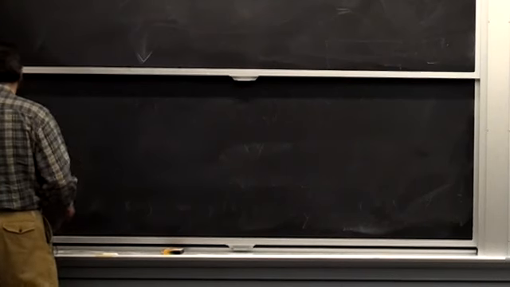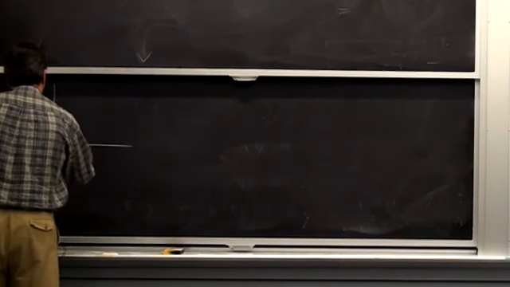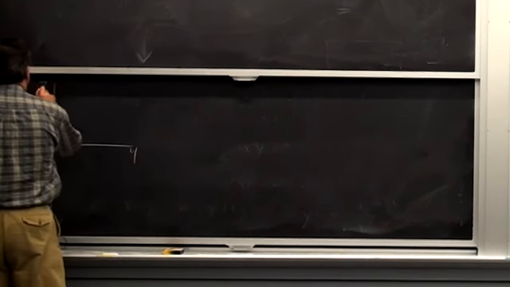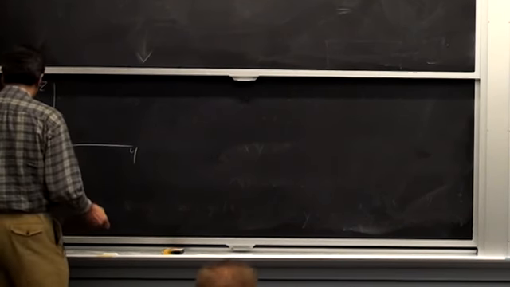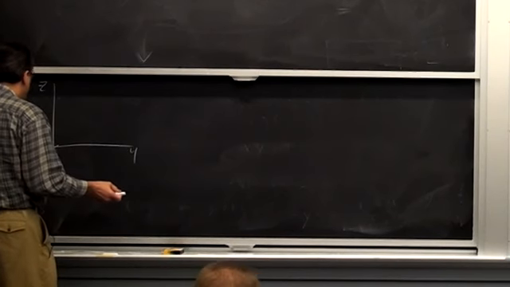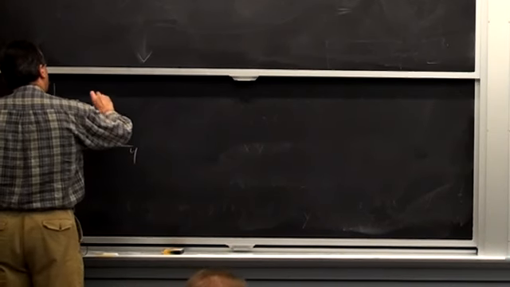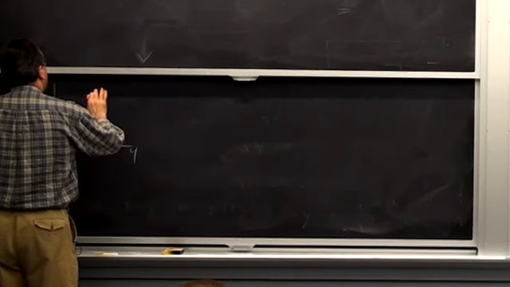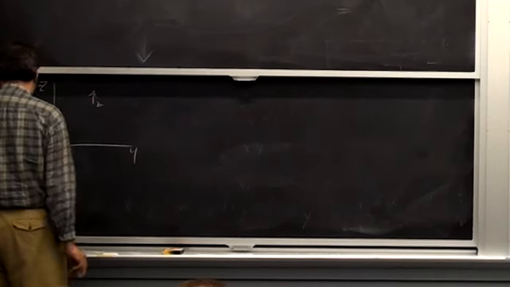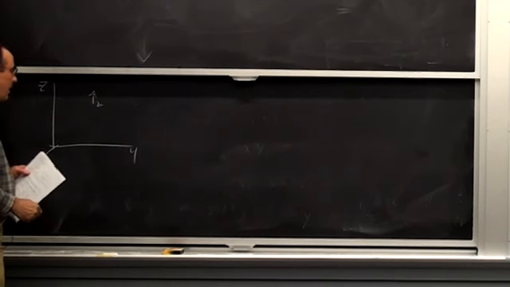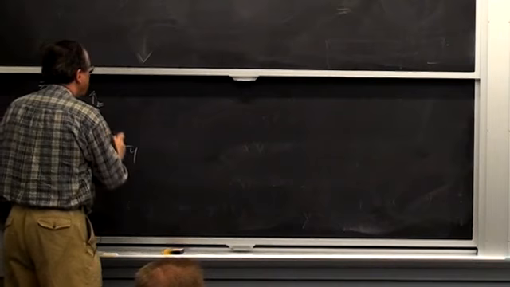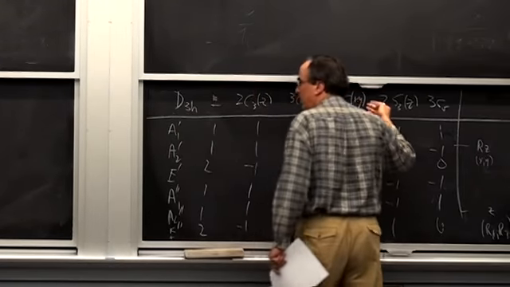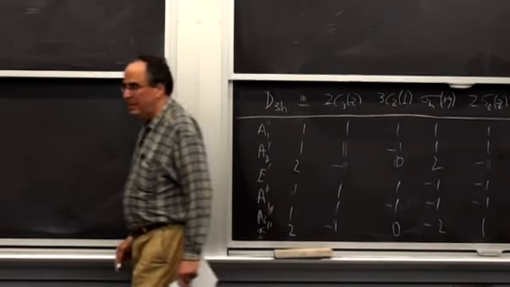But suppose we have an axis system, X, Y, Z, and here we have a vector pointing in the Z direction. And so we'd like to know what the various symmetry operations do to a vector pointing in the Z direction.